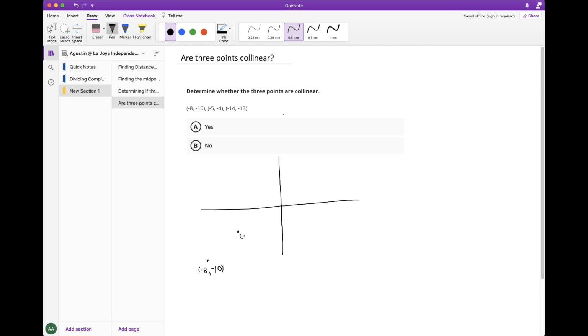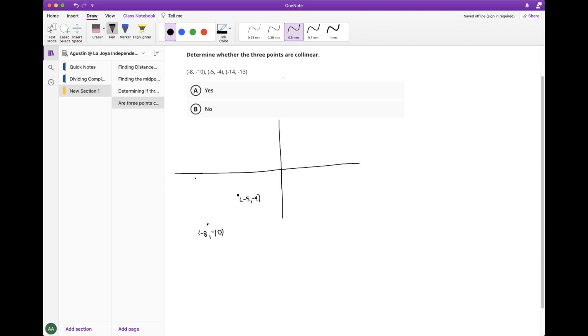Just drawing them out, you can't tell. The numbers they choose are so that you're not really too sure. And then -14, 13. Whoa, that one goes way over here. So I'm not too sure if they're on a straight line or not. Could be, could not be. I can't tell here, right?